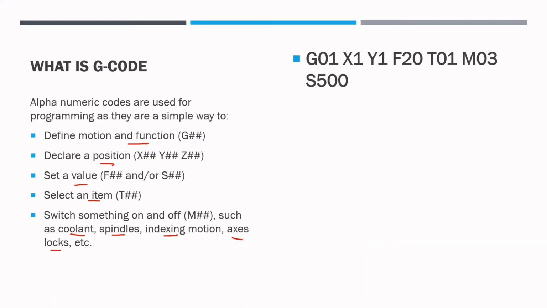For example, here we have examples of a G-code.